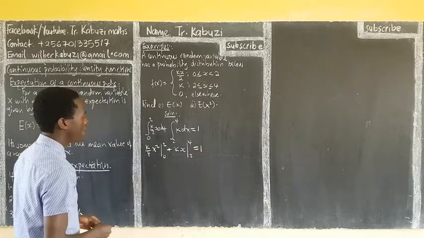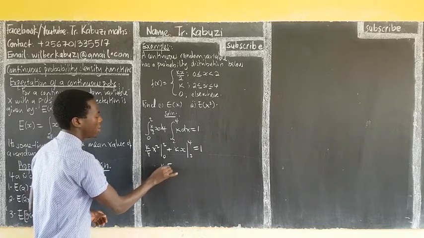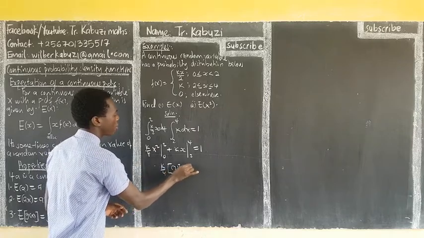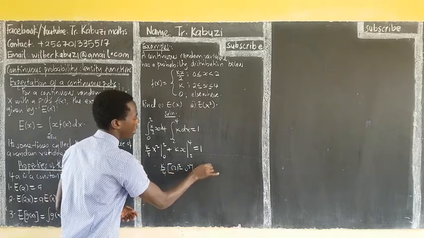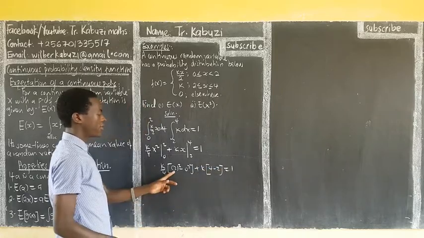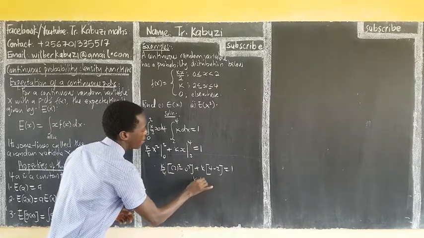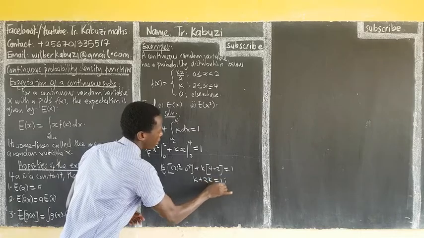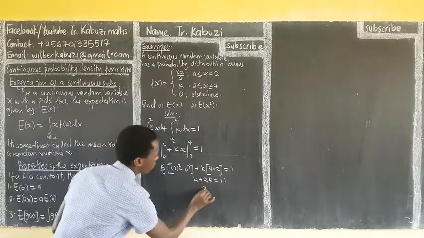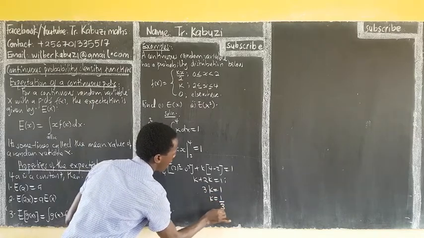If you substitute, we have k over 4 times 2 squared minus 0 squared, plus k times 4 minus 2, equaling 1. So this will be k plus 2k equaling 1, implying 3k equals 1. So our k is 1 over 3.